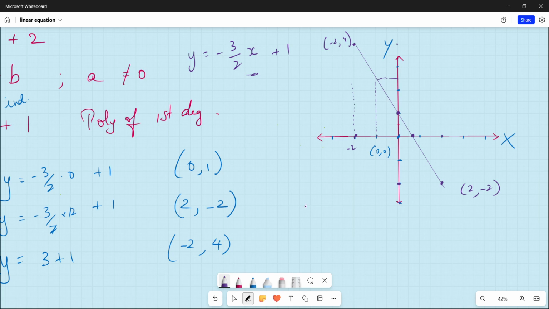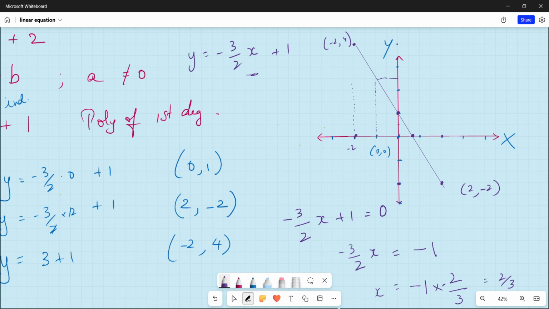So let us try to arrive at it algebraically. Of course, geometrically also you can see it, but let us do it algebraically. Y is 0 at this point. The equation becomes minus 3 by 2 x plus 1 is equal to 0, or minus 3 by 2 x is equal to minus 1, or x is equal to minus 1 multiplied by minus 2 by 3, which is equal to 2 by 3.